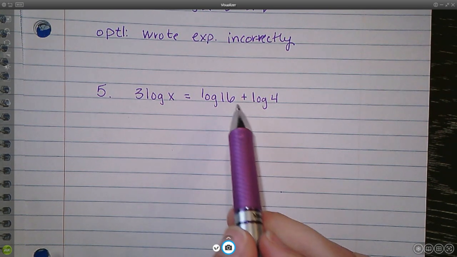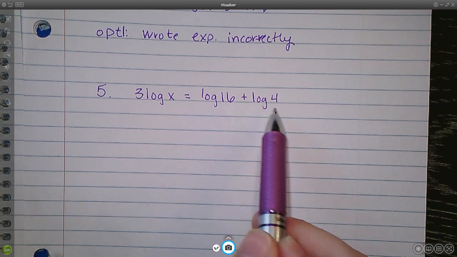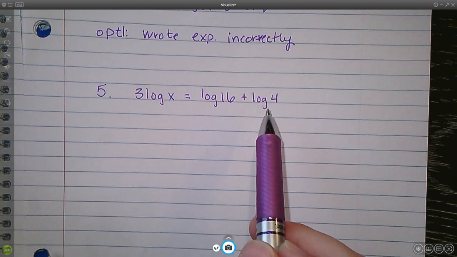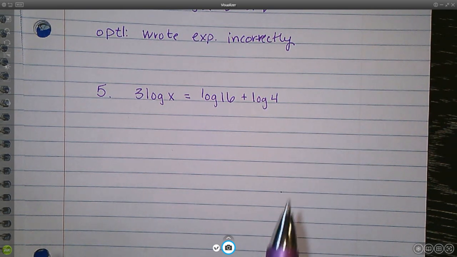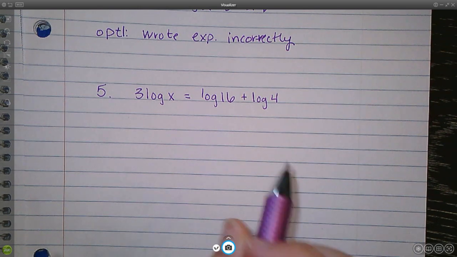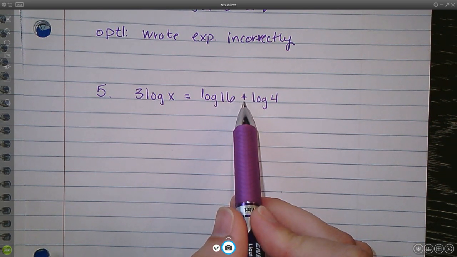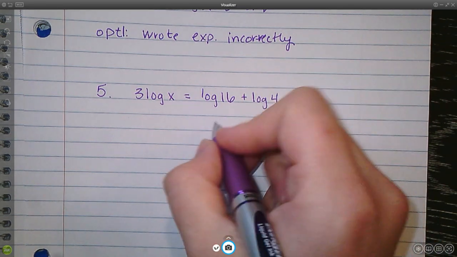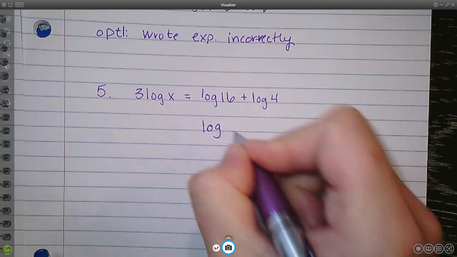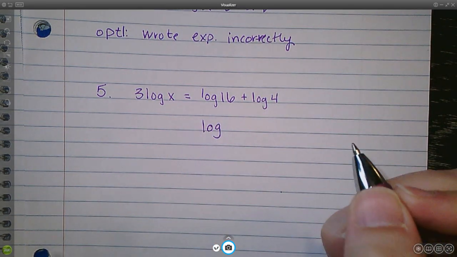Okay, so anytime you see a plus sign, you want to try to get that down so this is one logarithm. So using your, oh my gosh, I can't think of the word. Anyway, so to get rid of this, we're going to make it into 1. So we can do log. Remember, if there's no base, it's just 10.